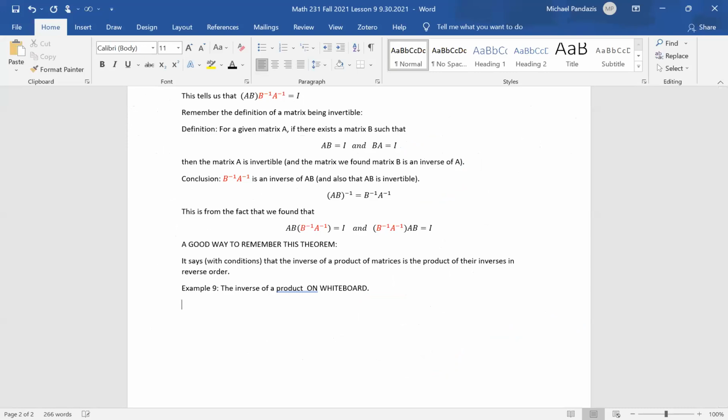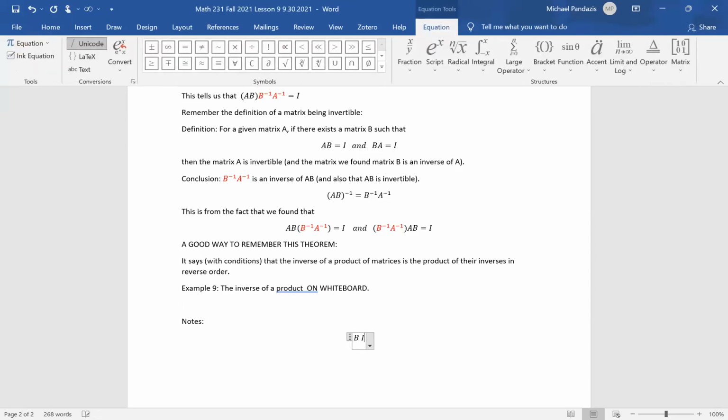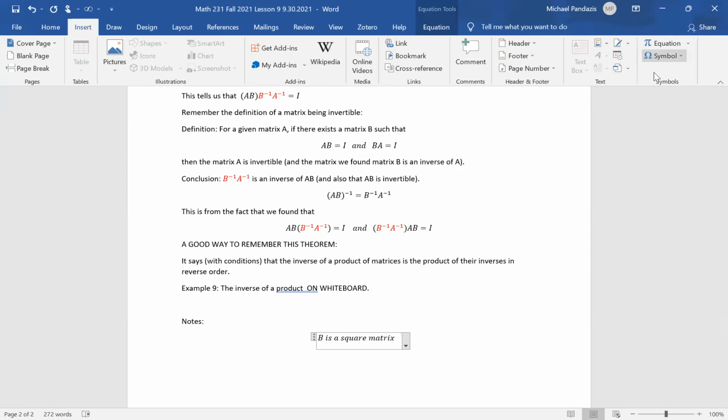Okay, so some notes. A is a square matrix, and the notation is that if you raise a matrix to the 0 power, you get the identity.